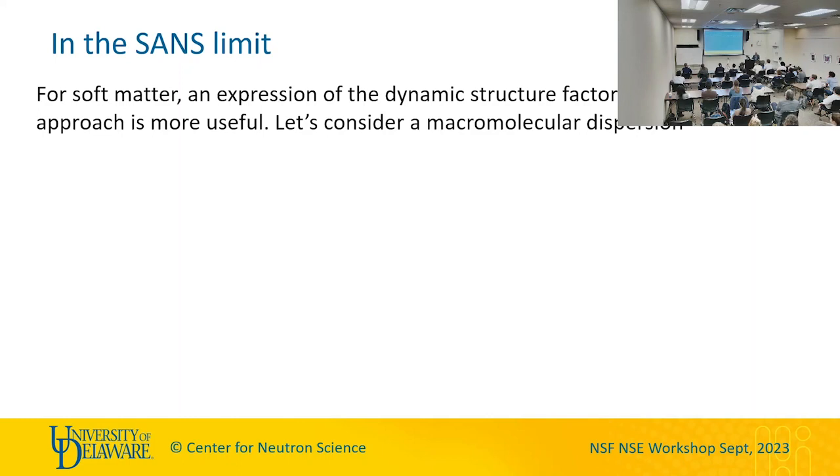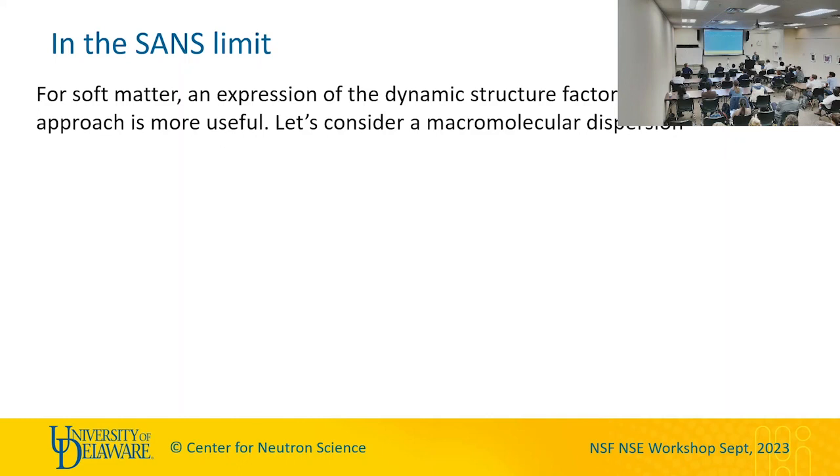It's pretty intuitive, I hope, in the case that you're looking at nuclei and atoms, so at the atomic length scale. However, once again, we have a soft matter workshop, and we tend to work in the tens of nanometer length scale. We tend to work in the sense limit. So without going into the details of the math again, you can look at it later at your own pace.